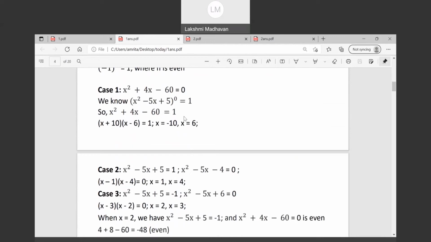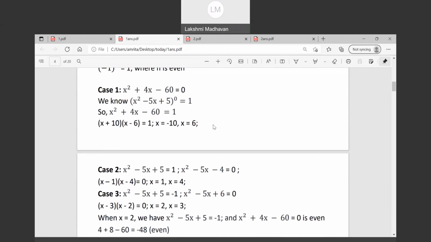I'm sorry, I have written it wrong, this is equal to 0. So we can find two roots. It's 60, so 6 and 10 can be the roots, and with the difference 4, the two roots are minus 10 and 6. So this is the first case.